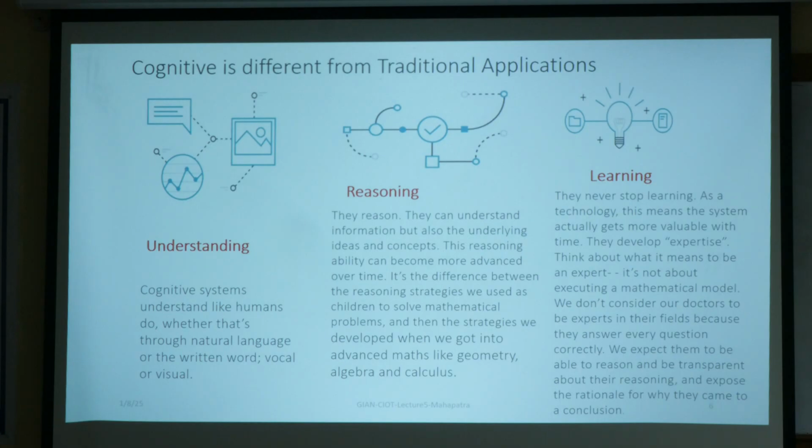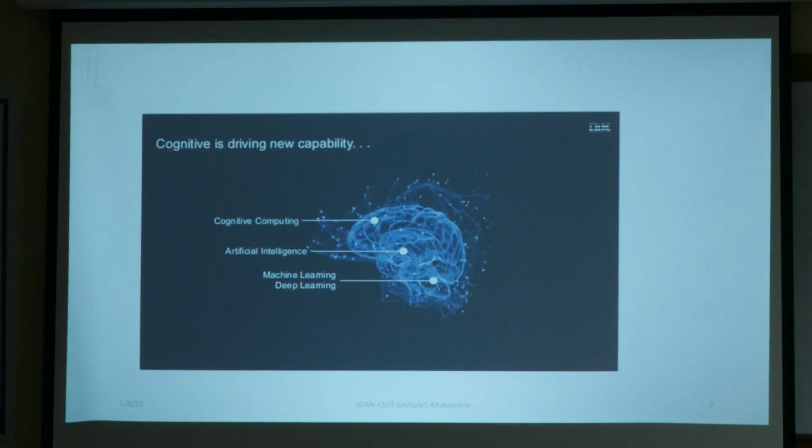It's a continuous process, keeping updating itself with new architecture, new algorithms, and self-evaluation. Now, cognitive is driving new capabilities. True, right? When a child was growing, parents became so happy: he's walking, laughing, talking. In the same way, new capability for the engine you're going to make with cognitive capability is something like that.